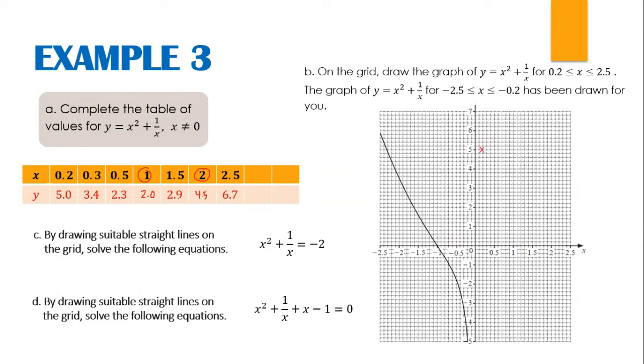The first point is 0.2, 5.0. This one, right? Next. Good. 0.3, 3.4. This one, right? Next. Yeah, 0.5, 2.3.